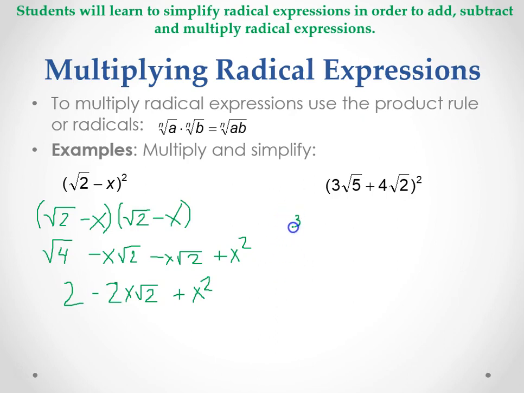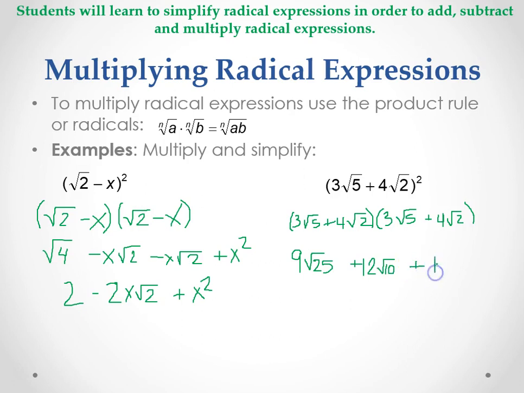So we have 3 square roots of 5 plus 4 square roots of 2, and we're going to multiply that by itself. 3 square roots of 5 times 3 square roots of 5 is 9 square roots of 25. 3 square roots of 5 times 4 square roots of 2 is 12 square roots of 10. 3 square roots of 5 times 4 square roots of 2 is 12 square roots of 10.